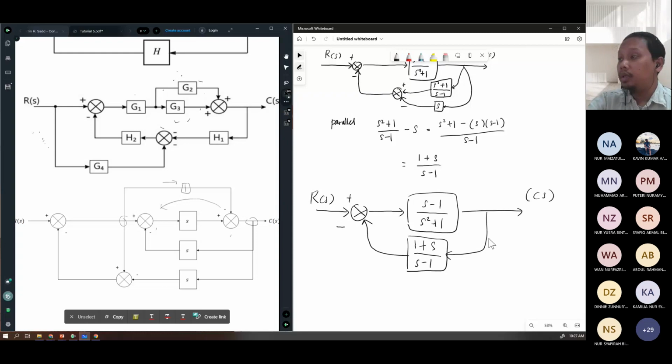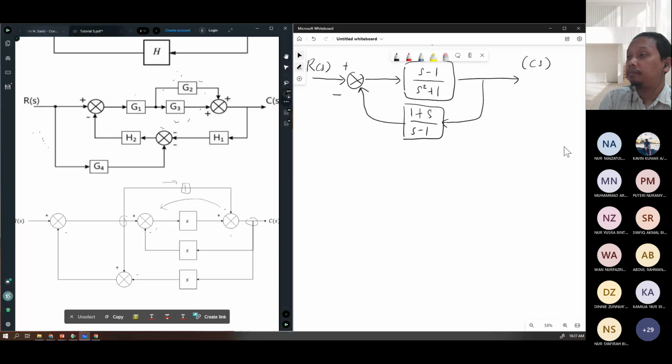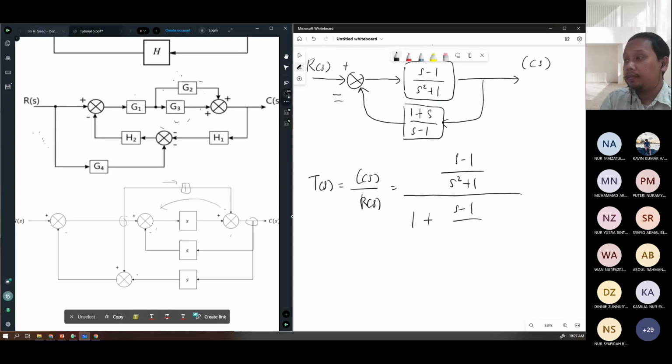Then these two are in feedback, okay? So to get T(s), we just feedback this. So feedback, then T(s) equals, so just feedback. Okay, so this is minus, then we have positive here. Simplify this.